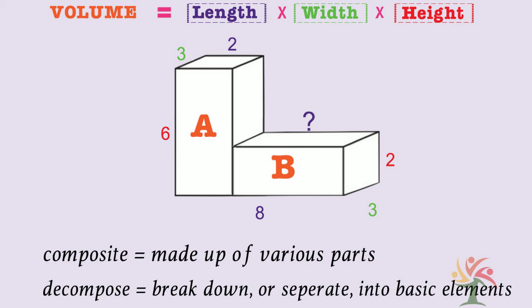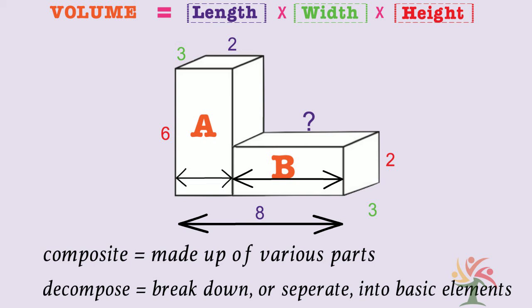The only other missing value we have to calculate now in purple is the length of Prism B. Here we use the total length of both Prism A and B, which is 8, and subtract the length of Prism A, which is 2. This means that the length of Prism B has to be 6.